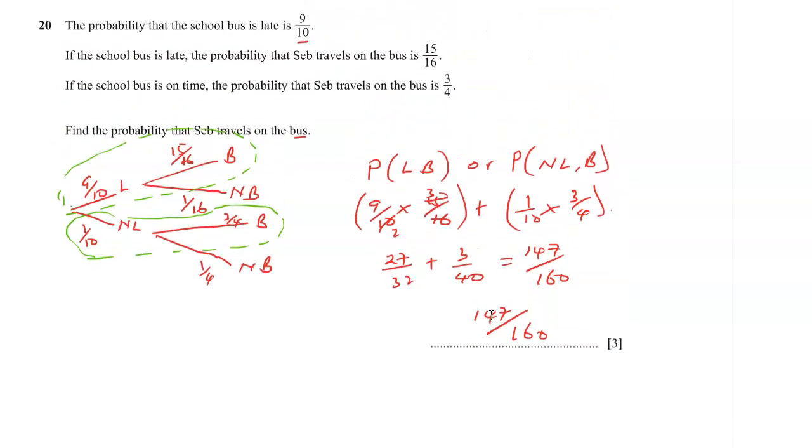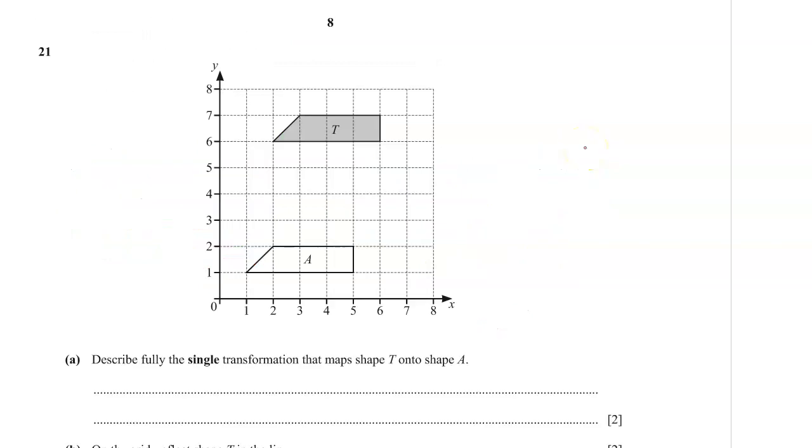Very good. Question 21, sorry. Describe fully the single transformation that maps shape T onto shape A. So this is a translation, and the vector is -1, -5.